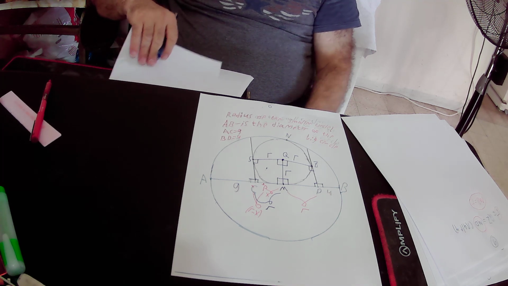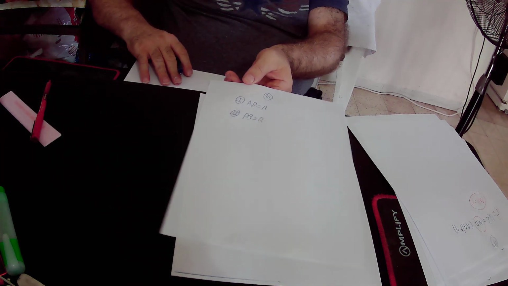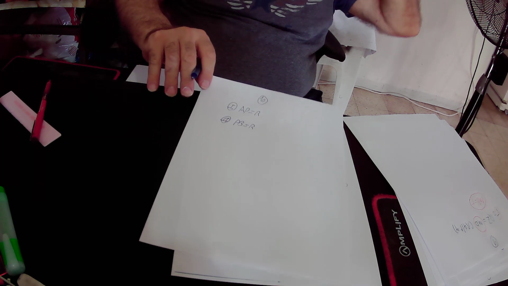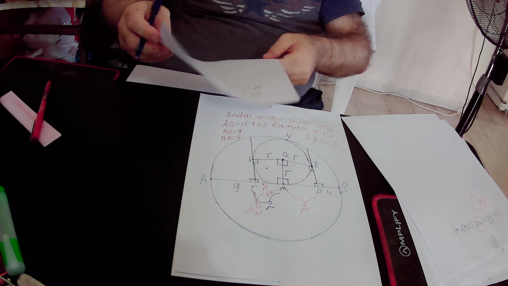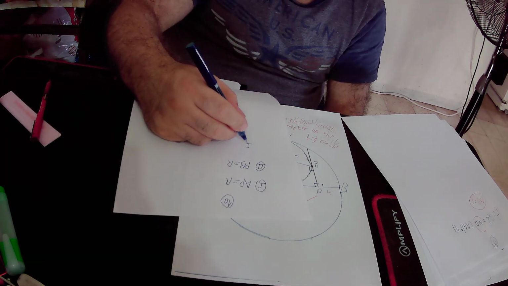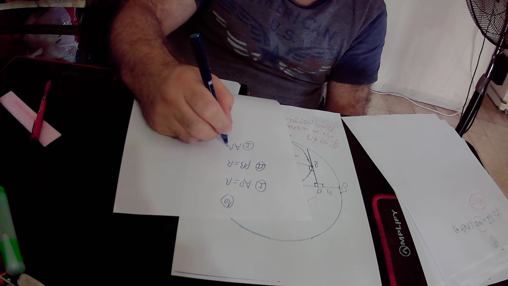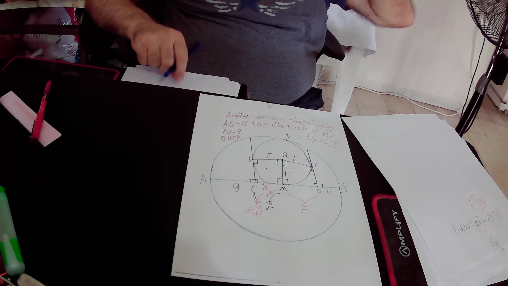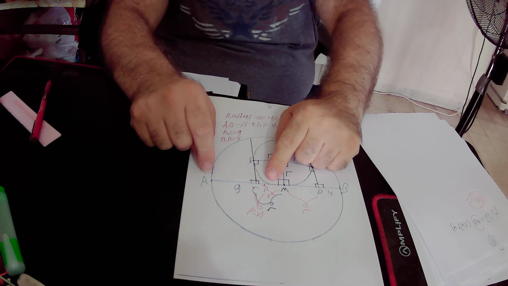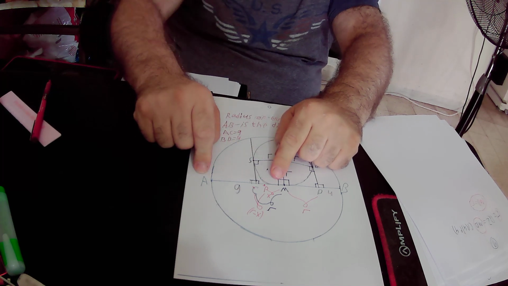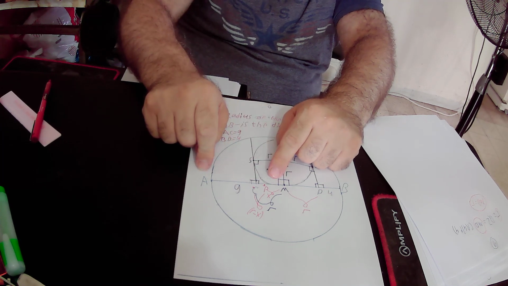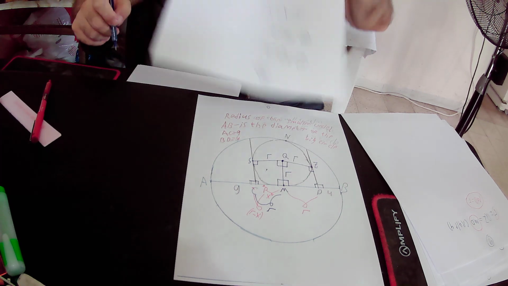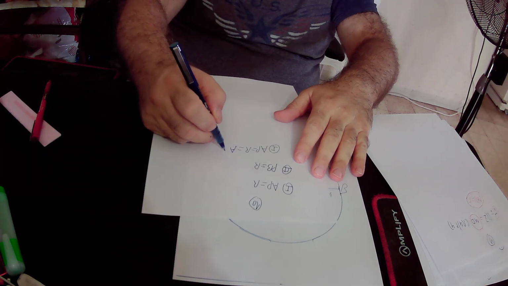Okay, we have the second equation that states that PB also equals capital R. So we will return to our first equation that AP equals capital R. But what is the size of AP? AP equals AC plus CP.